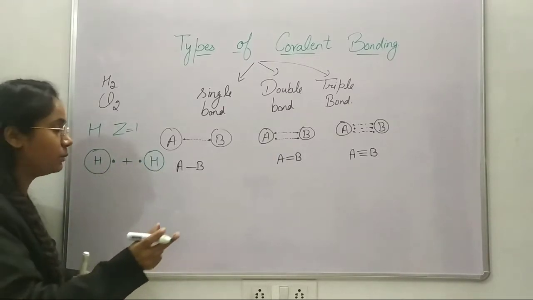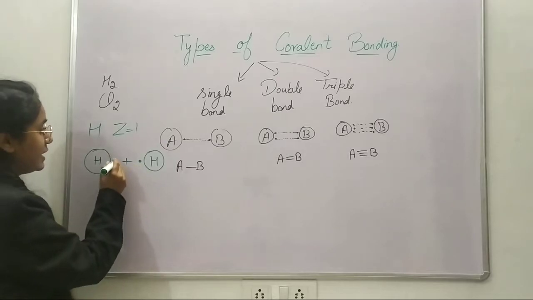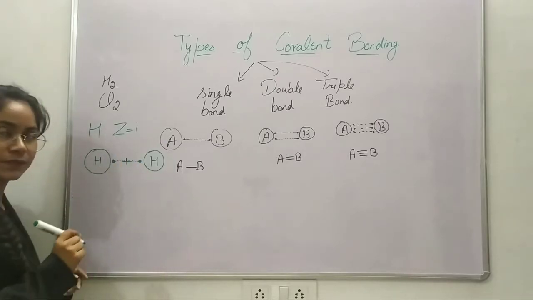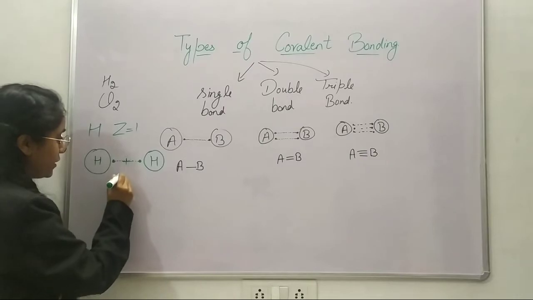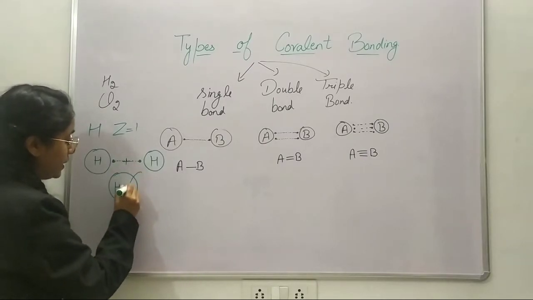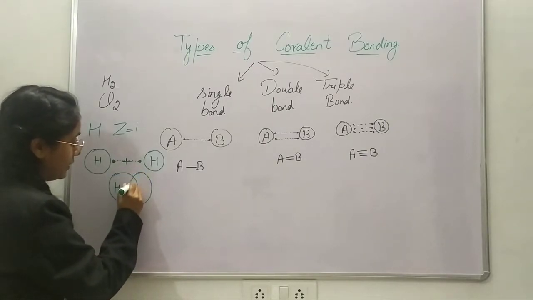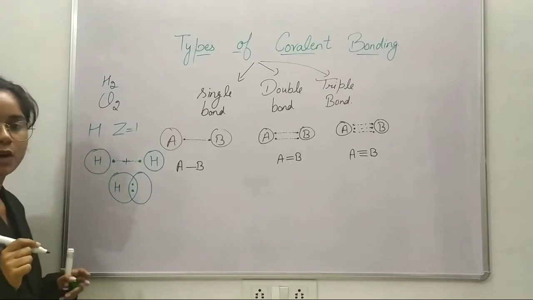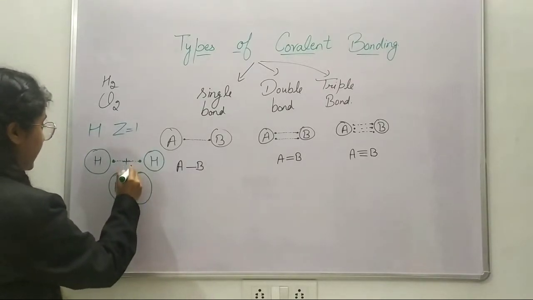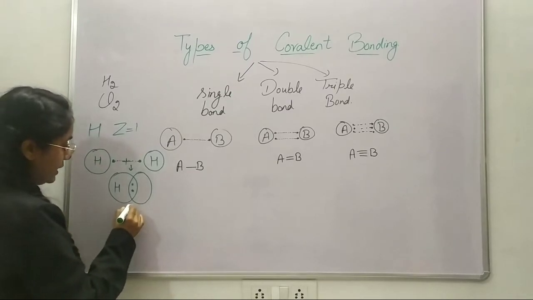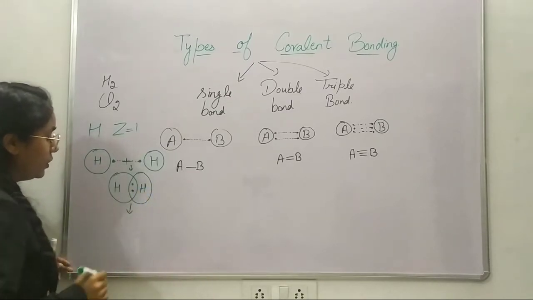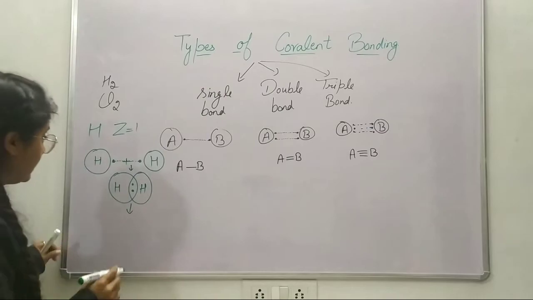Which bond? Covalent bond, because these two would be sharing this electron with each other. So how would they share this electron? Like this. Now a bond is formed between them, right?